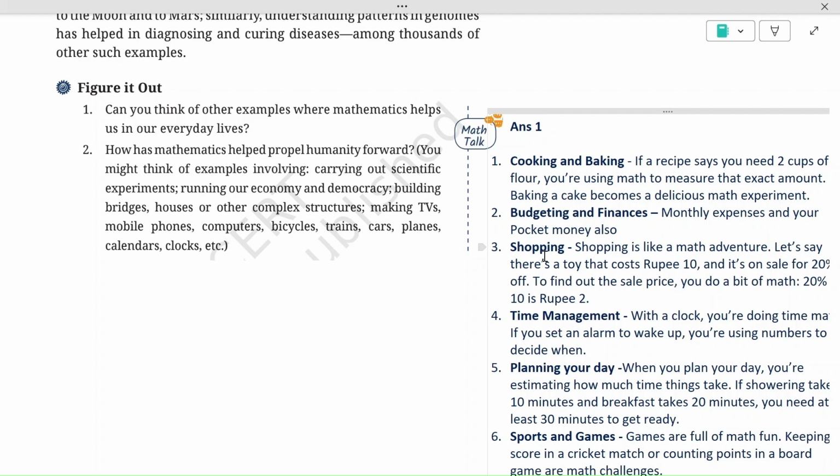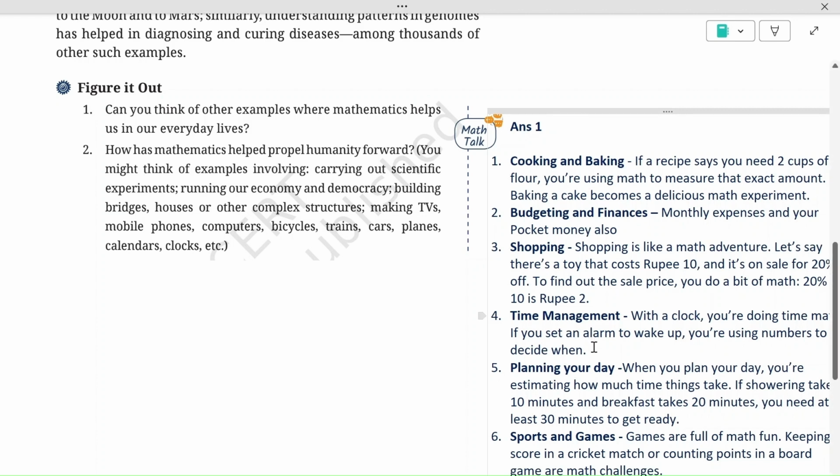So let's say that there is a toy that costs 10 rupees and it is available on sale for 20% off. So when we do the calculation, the discounted price will be 8 rupees. So here in the calculation also maths is involved.